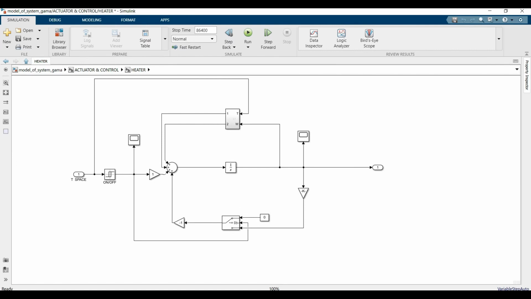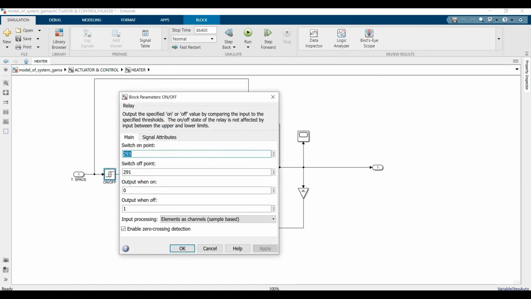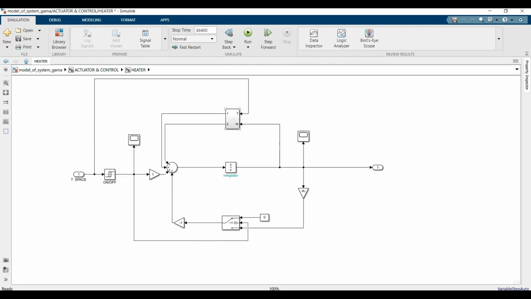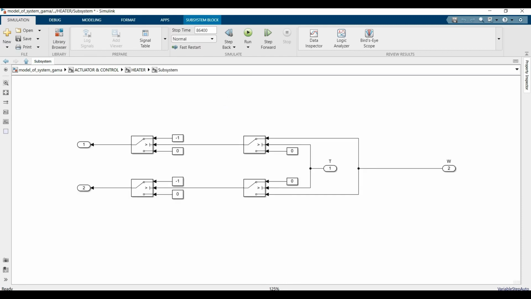It works like a cooler, but if the temperature is higher than 293, the heater is turned off, and if it is lower than 291, the heater is turned on. And about the upper limit, we have this.